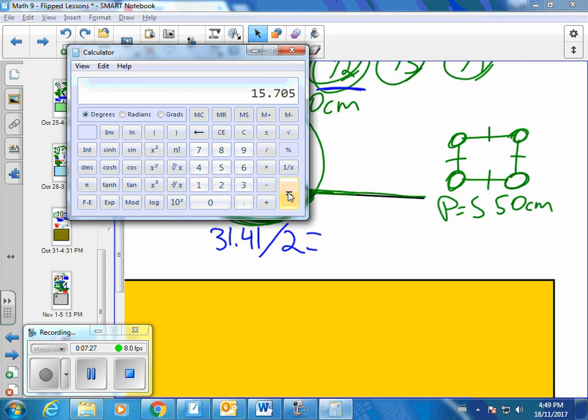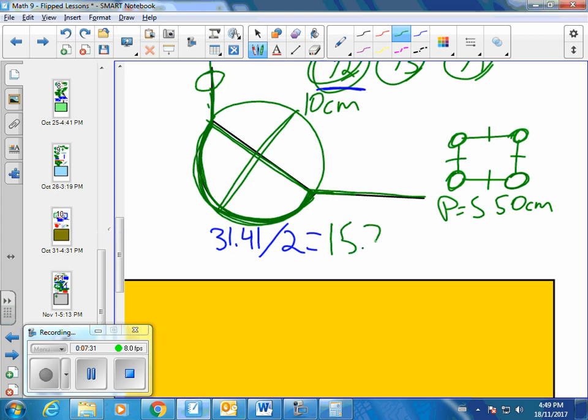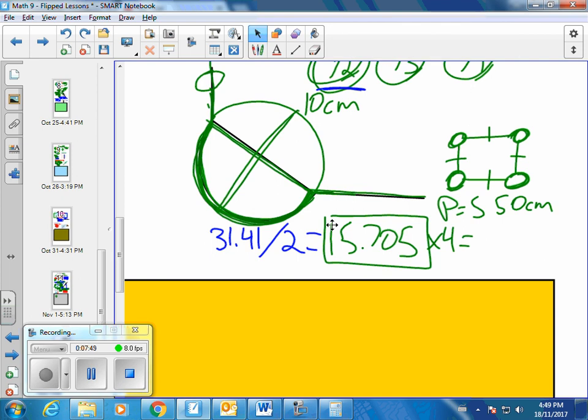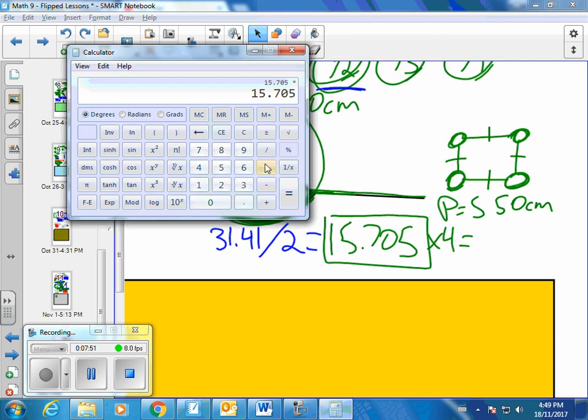So I get an answer of 15.705. So for each one of my towers, the outside part of it is 15.705. Since I've got 4 towers, I can just multiply this number by 4.